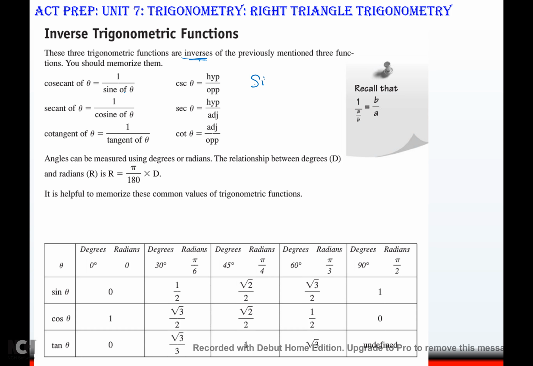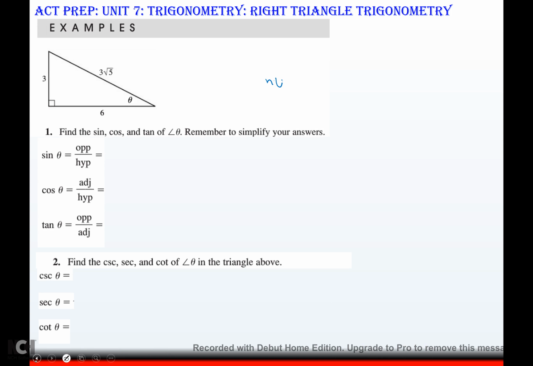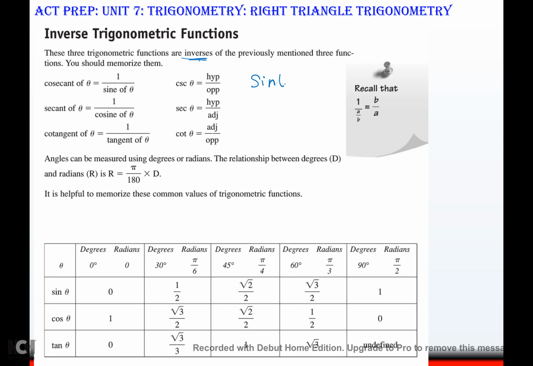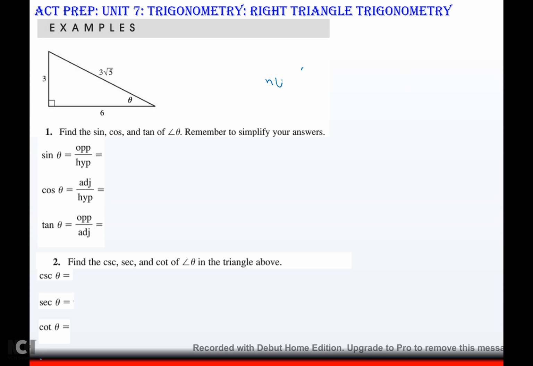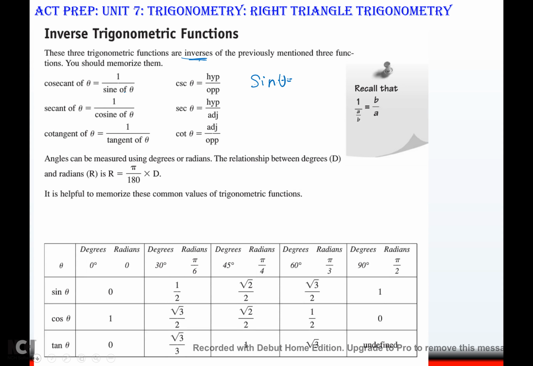Because sine theta is opposite over hypotenuse, cosecant, we just flip this over, would be hypotenuse over opposite. It's just the reciprocal.